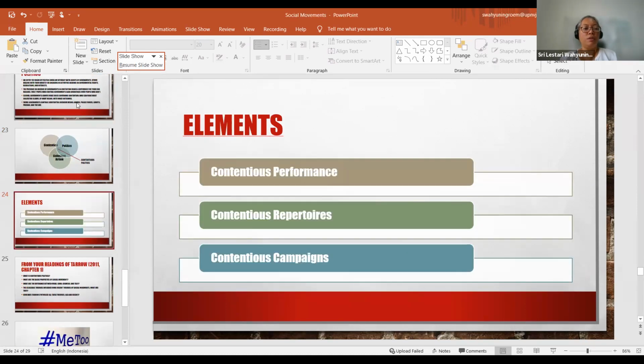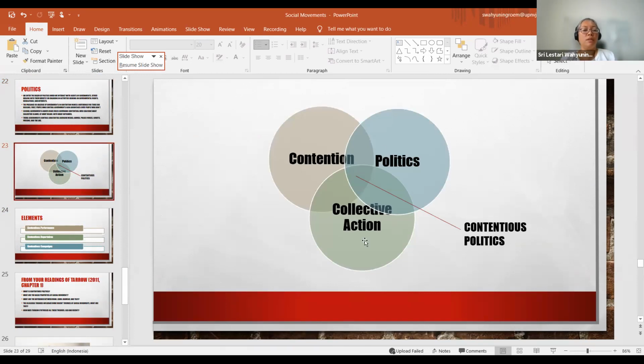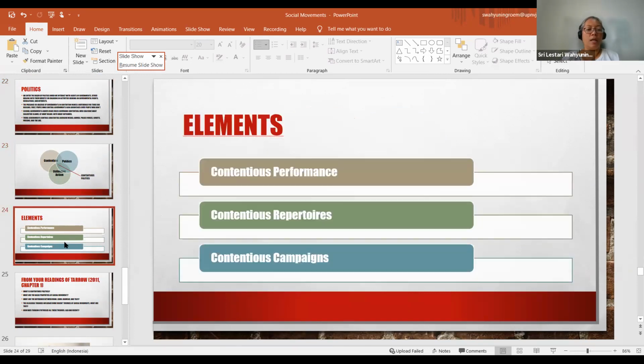Okay, so I was here, trying to explain the elements of politics in contentious politics. We've covered the three elements of it. And in the book it also mentions contentious performance, contentious repertoires, and contentious campaigns. I could share the chapter so you can read it.